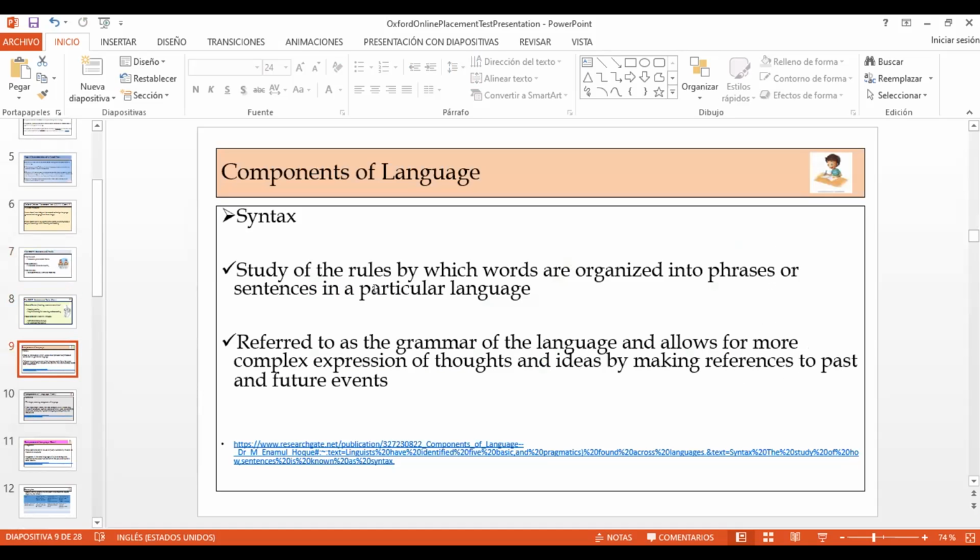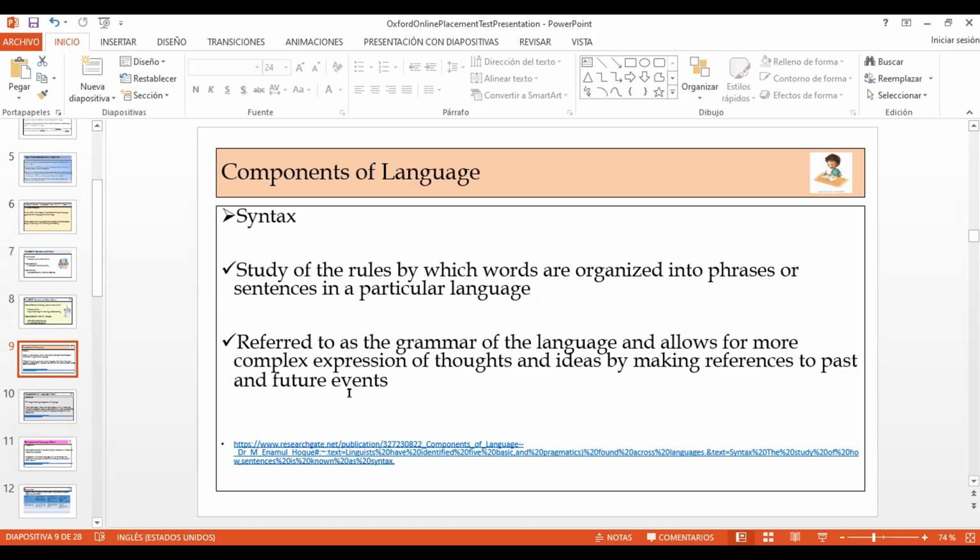Okay, what is syntax? And you are going to read about this for your presentation, but it's a study of rules of language, how to put together phrases and sentences. And of course, the deeper we go in the study of grammar, the more we know about how to express complex thoughts and ideas.